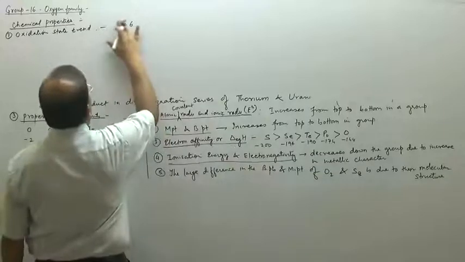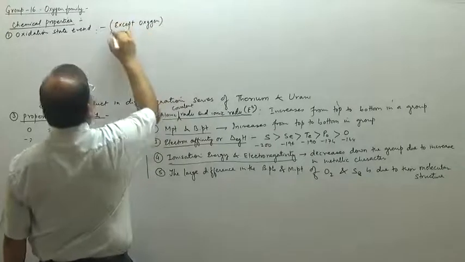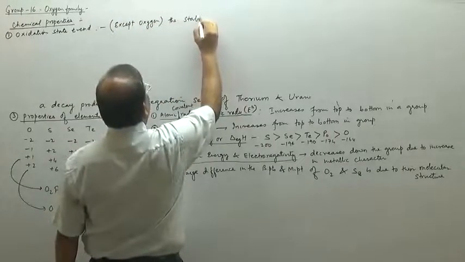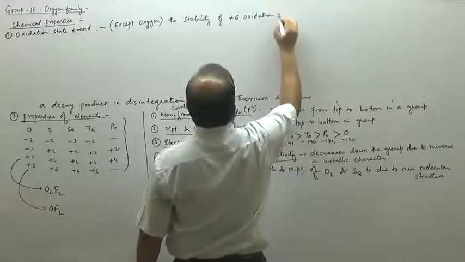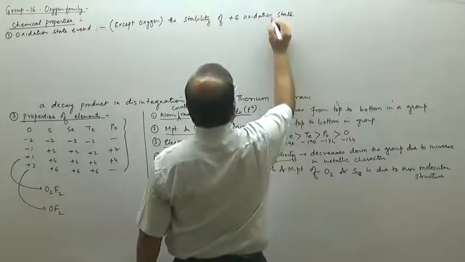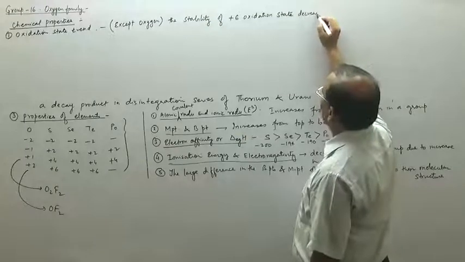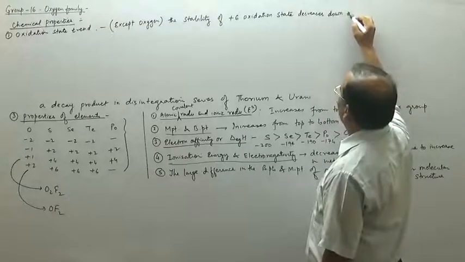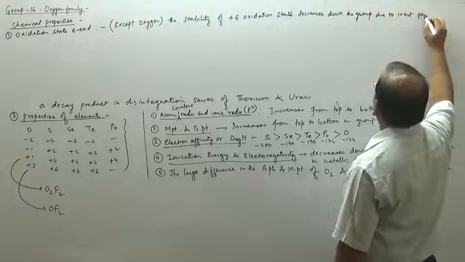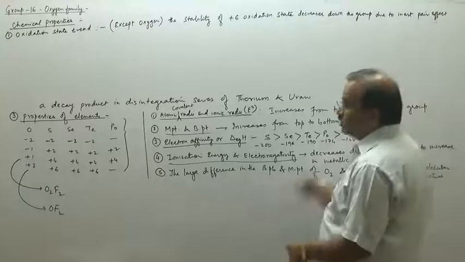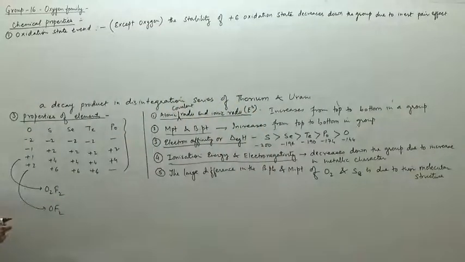So except oxygen, the stability of the +6 oxidation state decreases down the group due to the inert pair effect. We used to write it like this.